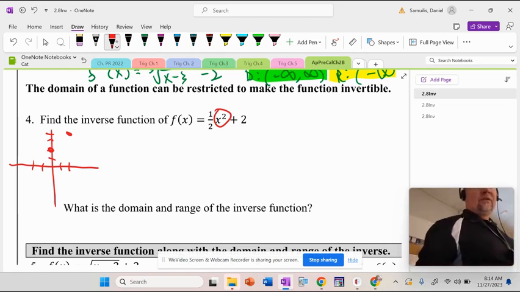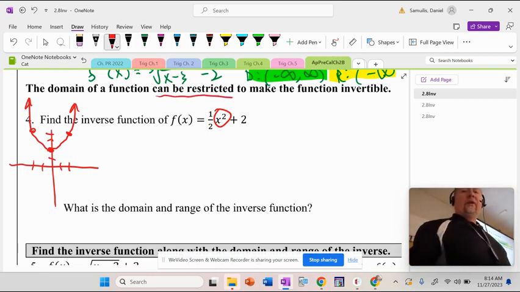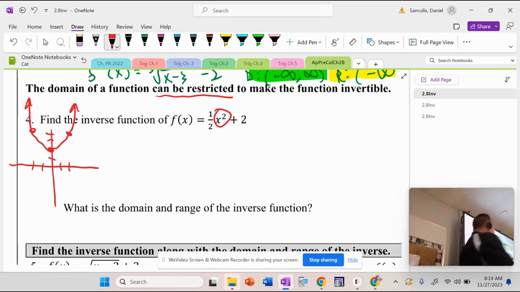Here's the problem. This means the function is not invertible unless I do something called restrict the domain. So the domain of a function can be restricted to make the function invertible. You have a choice.